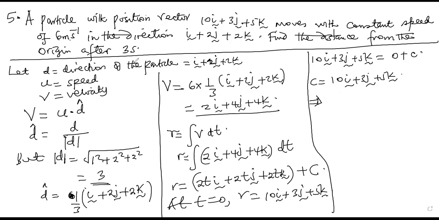So we are going to have our r first as 2t, since we shall add a constant, we shall correct a 10 there. 10, it makes an i, plus 2t again plus 3, that is j, then plus 2t plus 5, that is k.